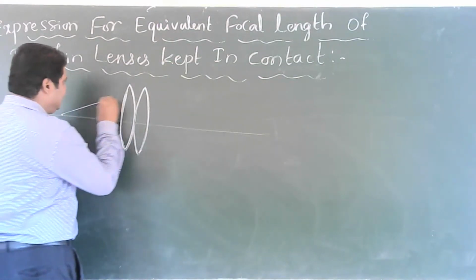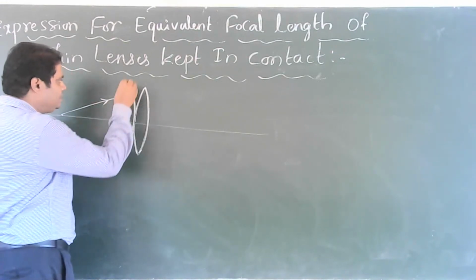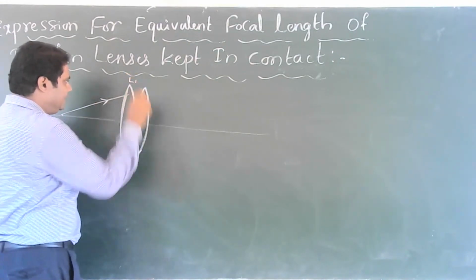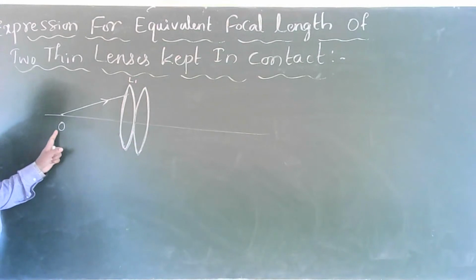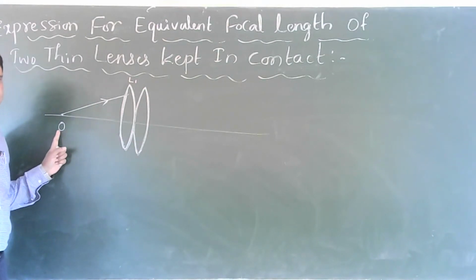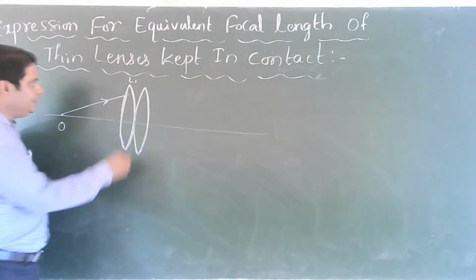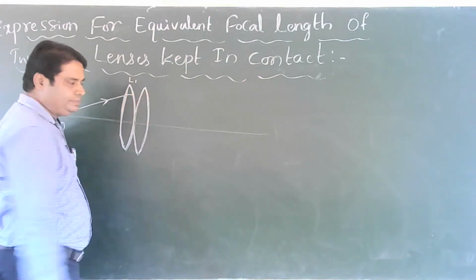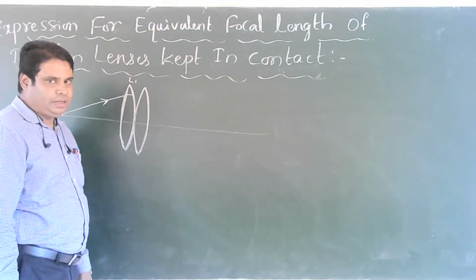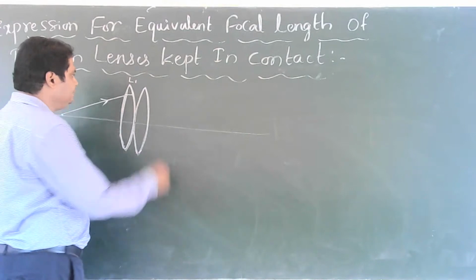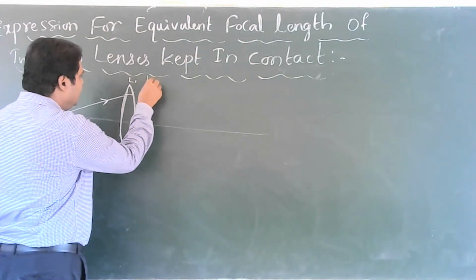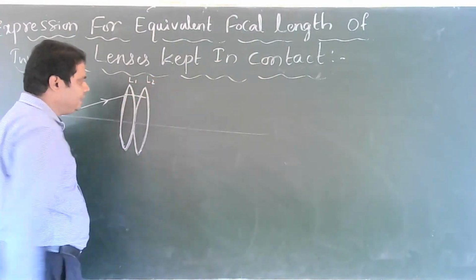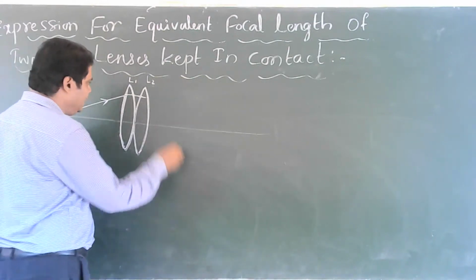A beam of light is incident on the first lens, say L1, from the point object on the principal axis. Of course, it undergoes refraction by the first lens L1 and also the second lens L2.